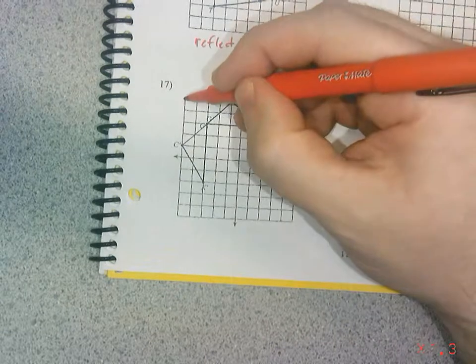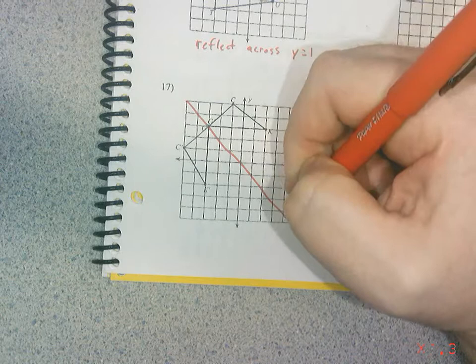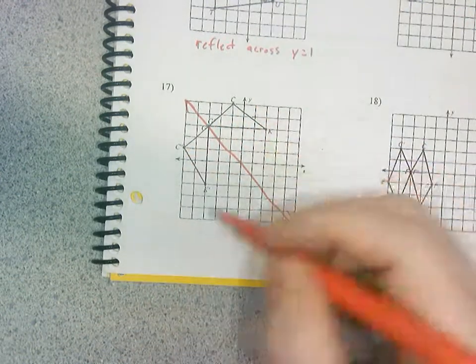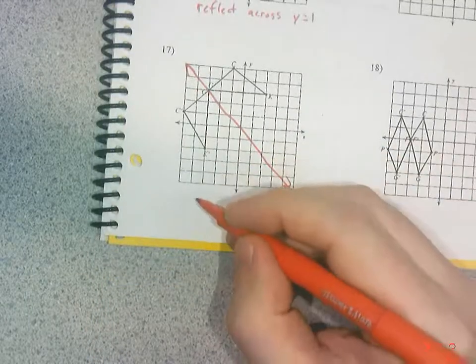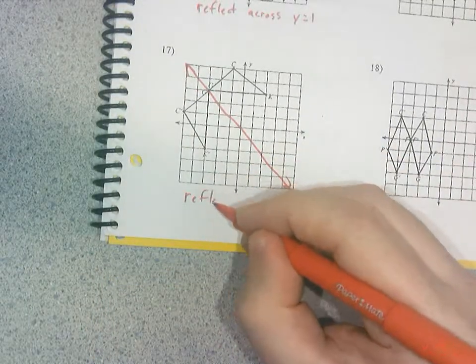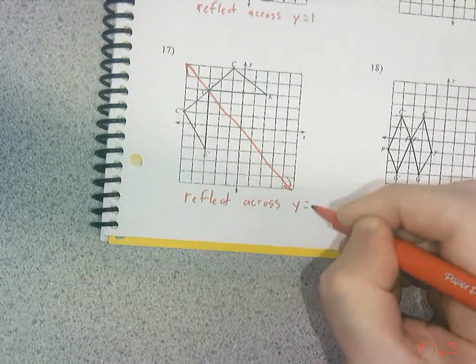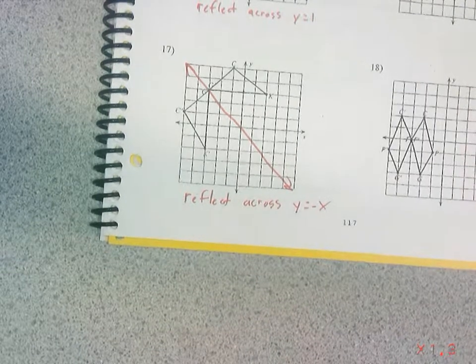It looks like it's that diagonal that goes in the negative direction, like this, right? That looks like what they are reflecting across. And remember, that is the negative x. So this is reflecting across y equals negative x. Okay? And that's basically all you're doing for reflection.